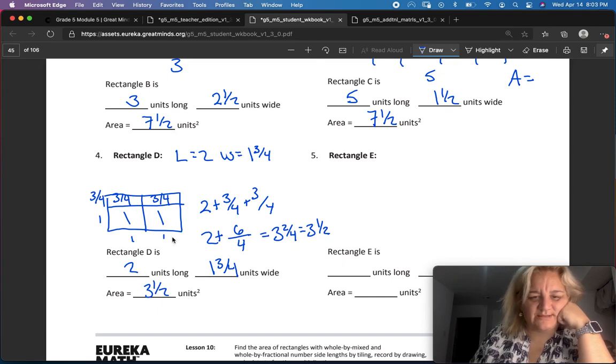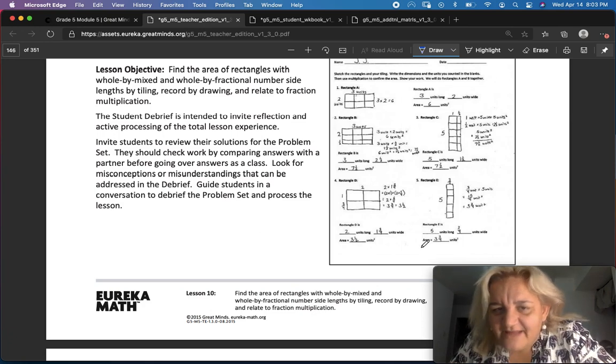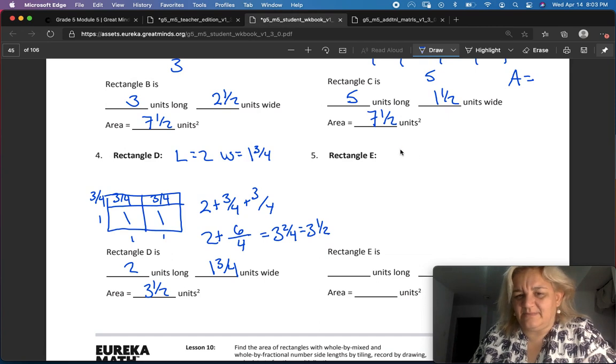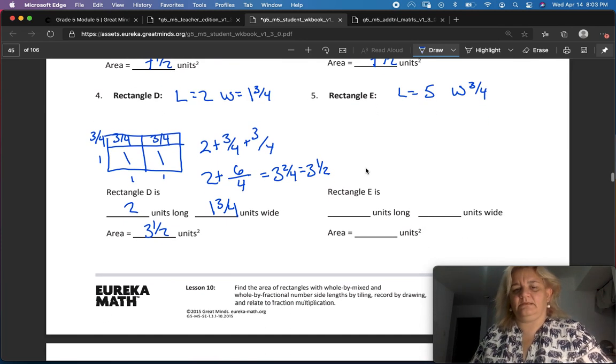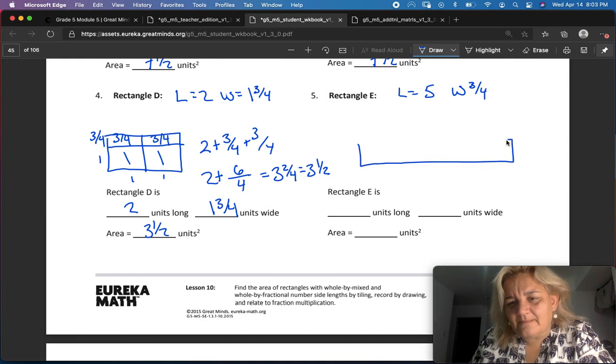Okay. And rectangle E, they've got a 5 and 3/4. Here my length is going to be 5 and my width is going to be 3/4. So 1, 2, 3, 4, 5.